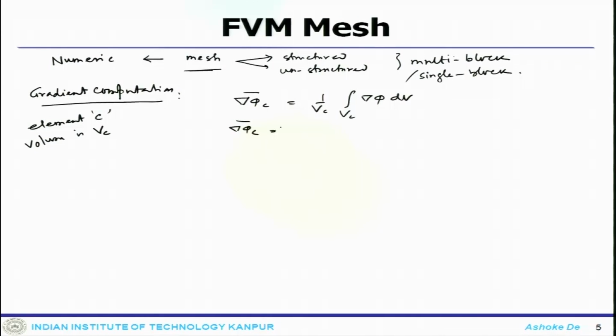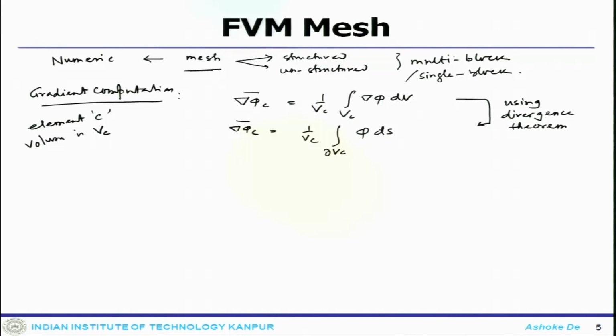Using the divergence theorem, which is purely vector calculus, you get 1 by V_C, integral over the surface of phi dS.